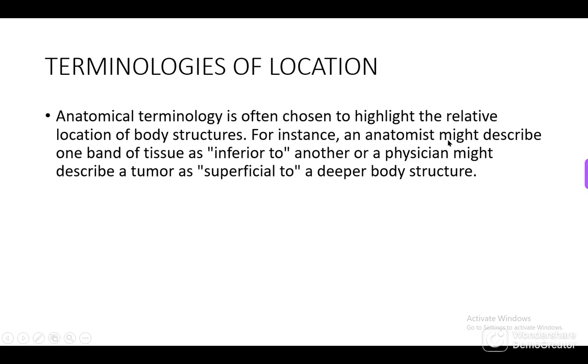For instance, an anatomist might describe one band of tissue as inferior to another, or a physician might describe a tumor as superficial to a deeper body structure. One is medial, on one side of the body, and the other is on the lateral side. So location means it is relative terminology. You are using inferior, superior, superficial, deep; these are the terminologies we are using.